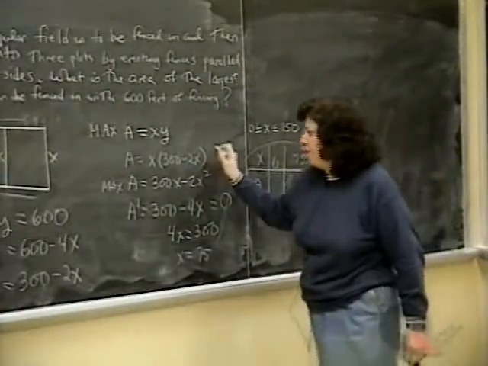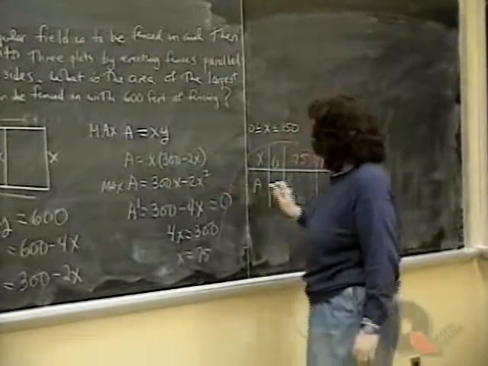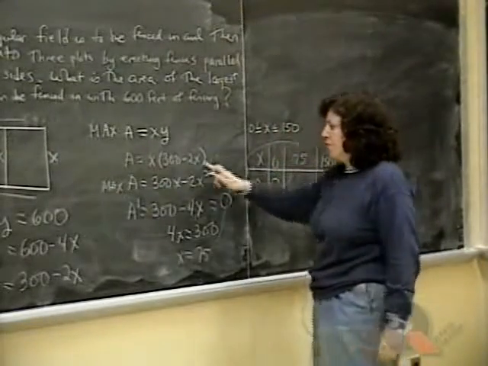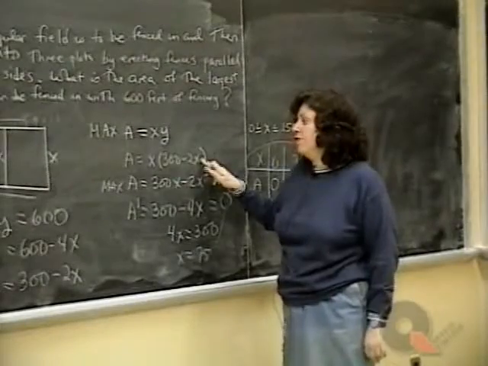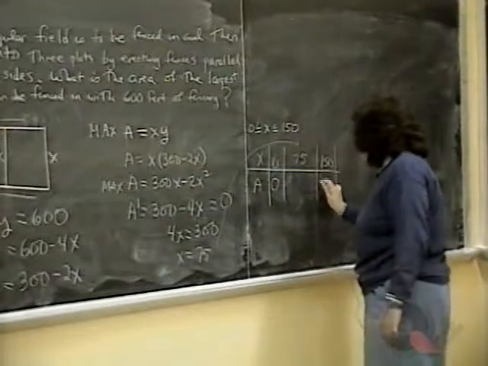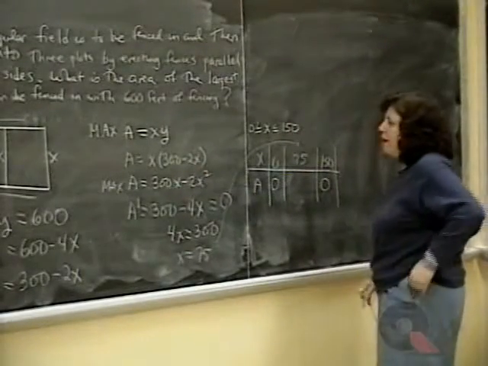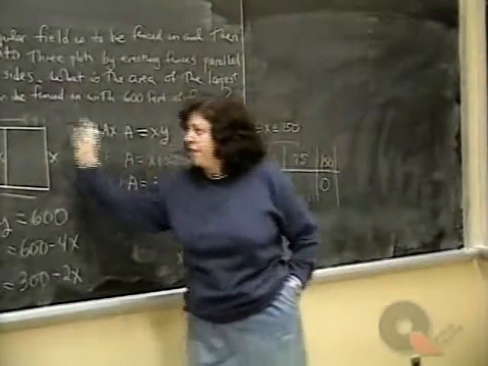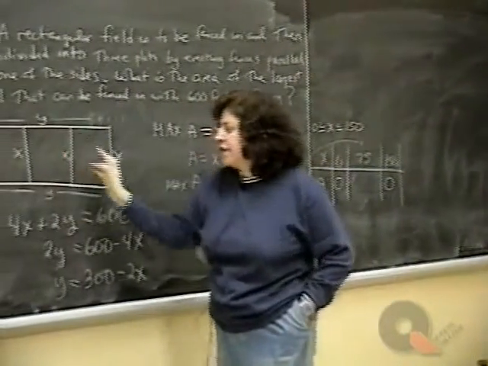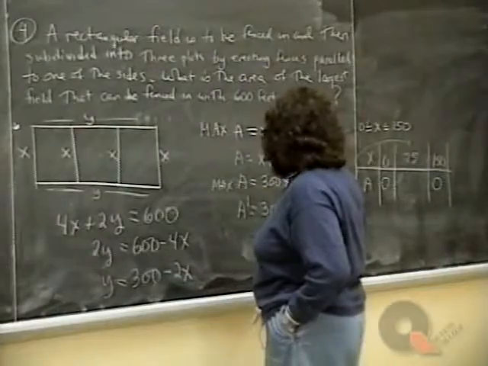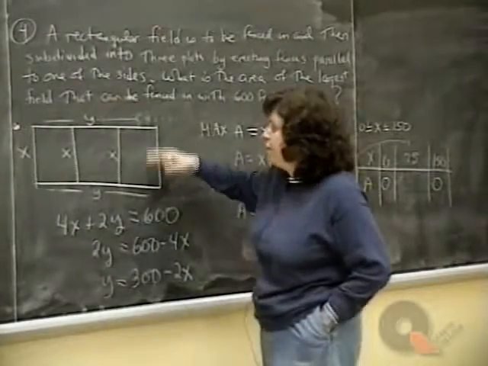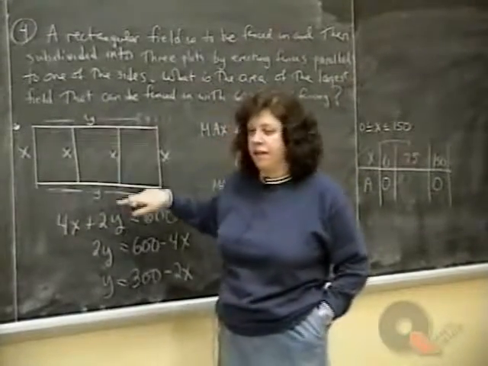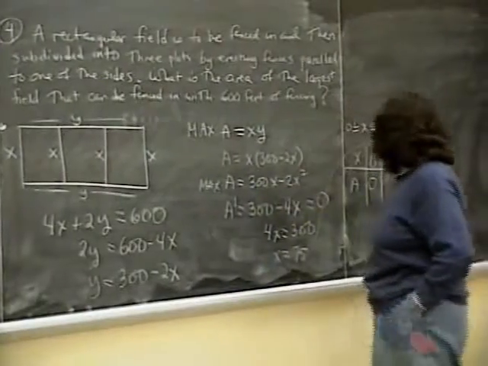If x is 0, A is 0. If x is 150, 300 minus 300 is 0, A is also 0. Those are the 2 trivial cases where x is 0 and use all the fencing on the horizontal sides, or if x is 150, you're using it up all on the vertical sides and nothing left for the horizontal sides.